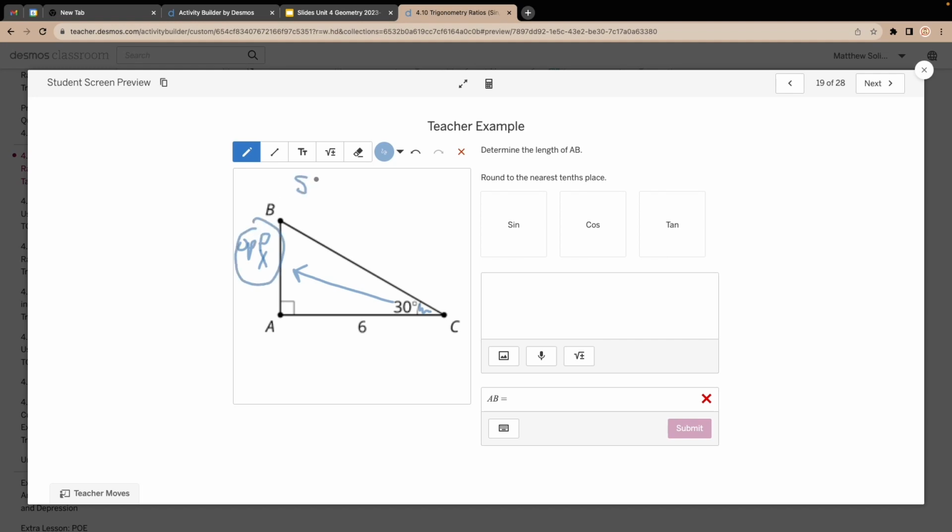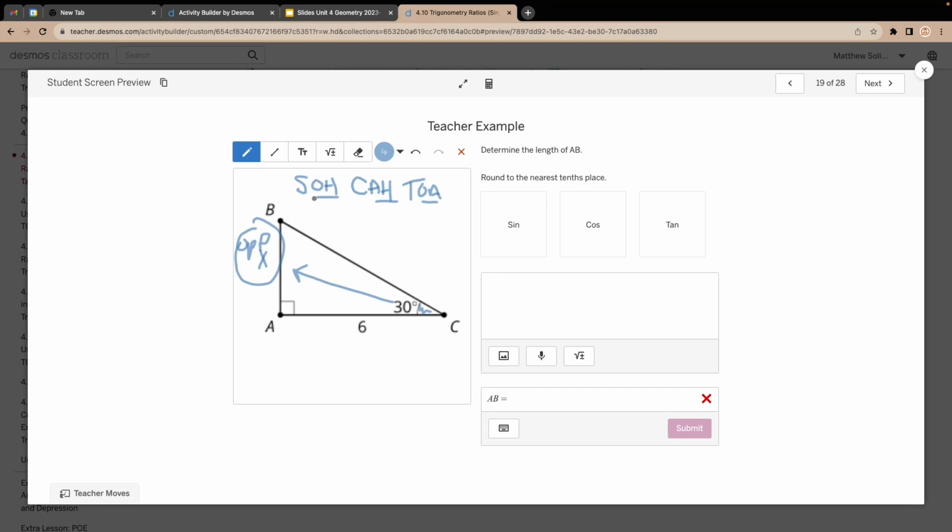Remember that acronym SOHCAHTOA is going to help us know if it's sine, cosine, or tangent. Right away, I look and I see SOHCAHTOA: opposite over hypotenuse, adjacent over hypotenuse, opposite over adjacent.